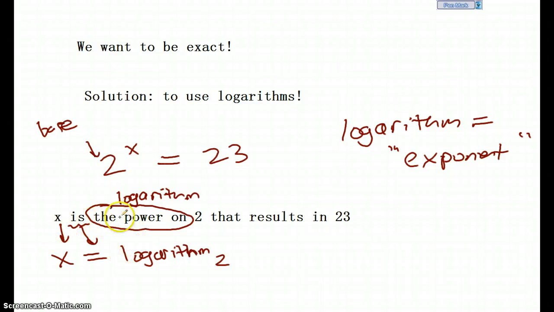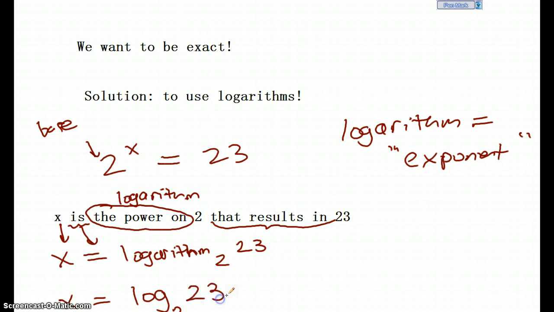So x, this so far says x is the power on 2 that results in 23. Well, the place that I put that is in line with the word logarithm. Now, we don't use the word logarithm entirely, so we actually will just abbreviate it and say log base 2 that gives me 23.